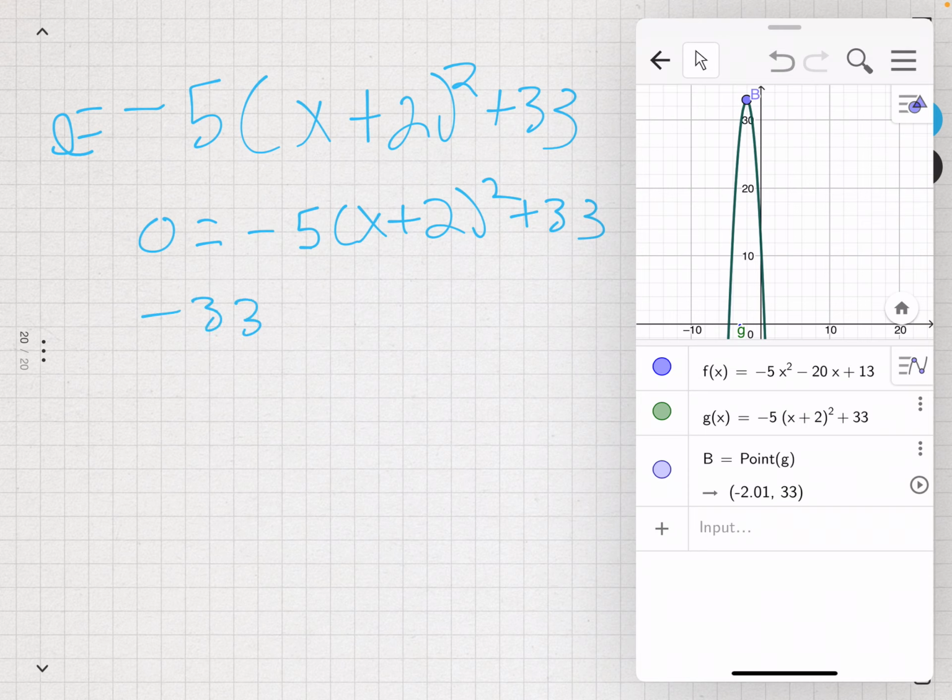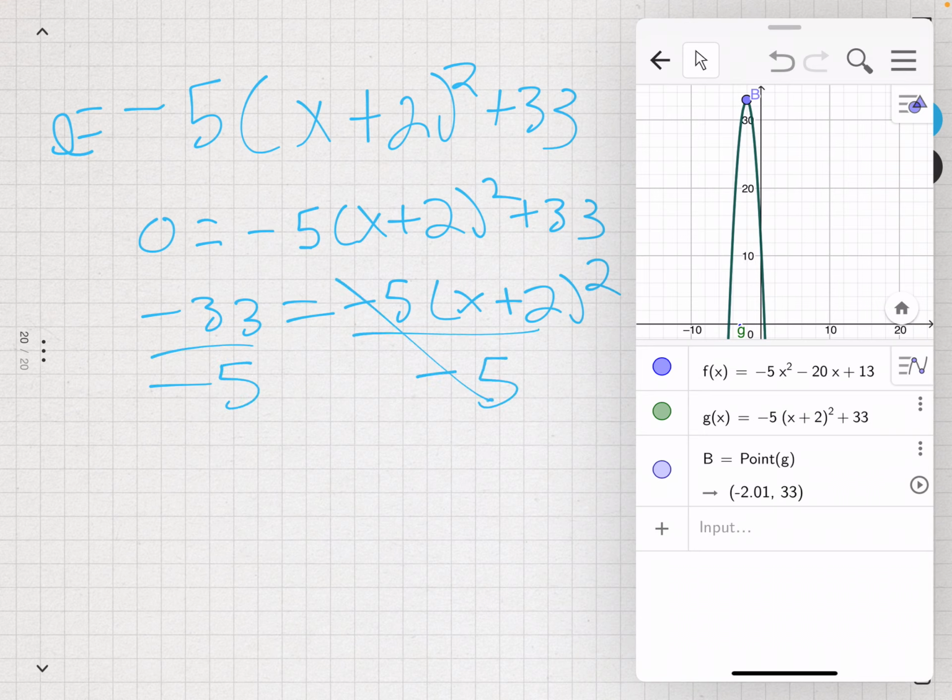Subtract that 33 over: negative 33 equals negative 5, x plus 2 squared. Divide by negative 5. So negative 33 over negative 5 is what? It is 6 3/5.